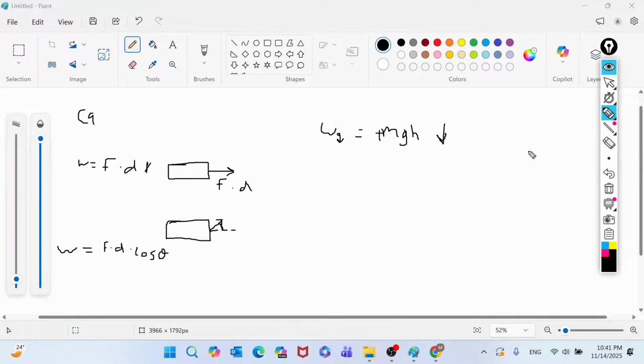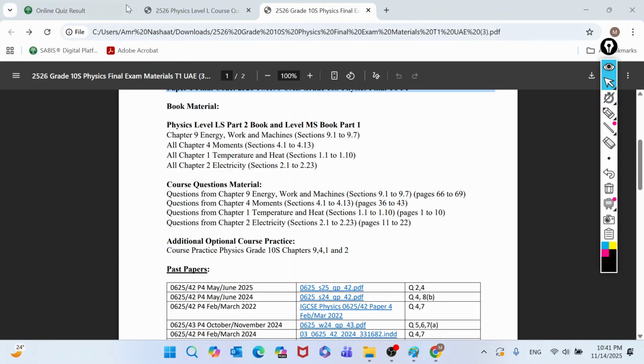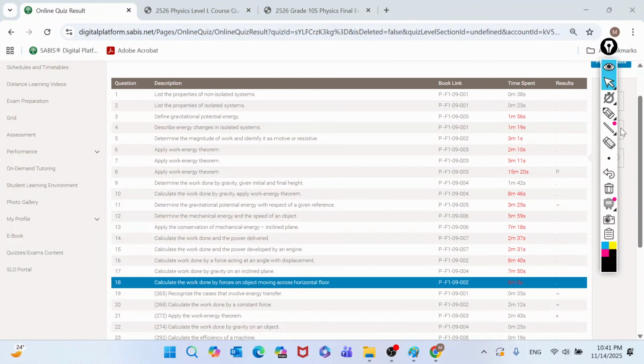If it's going up, it's negative. And if it's moving horizontally, then the work done by gravity is 0. Okay, guys, this is the first topic coming in the exam. Now this question 18 basically summarizes that.